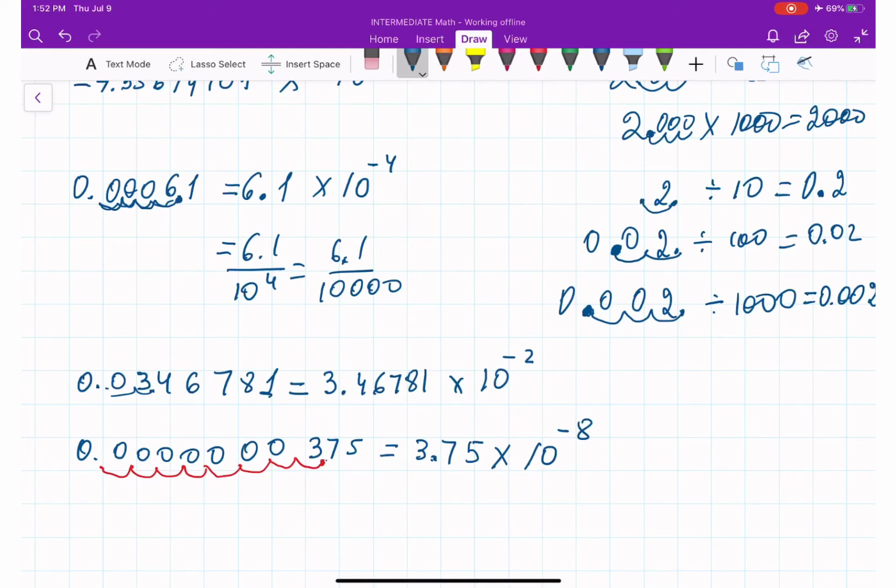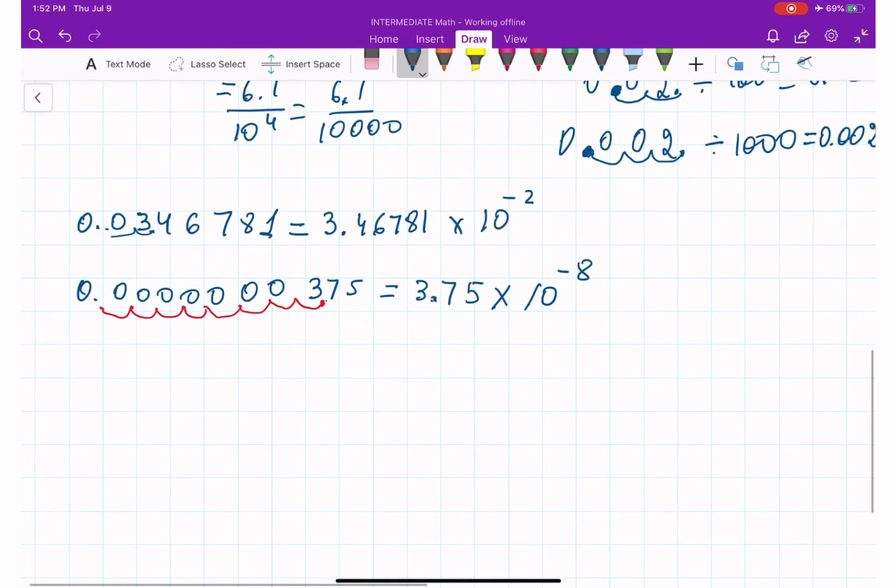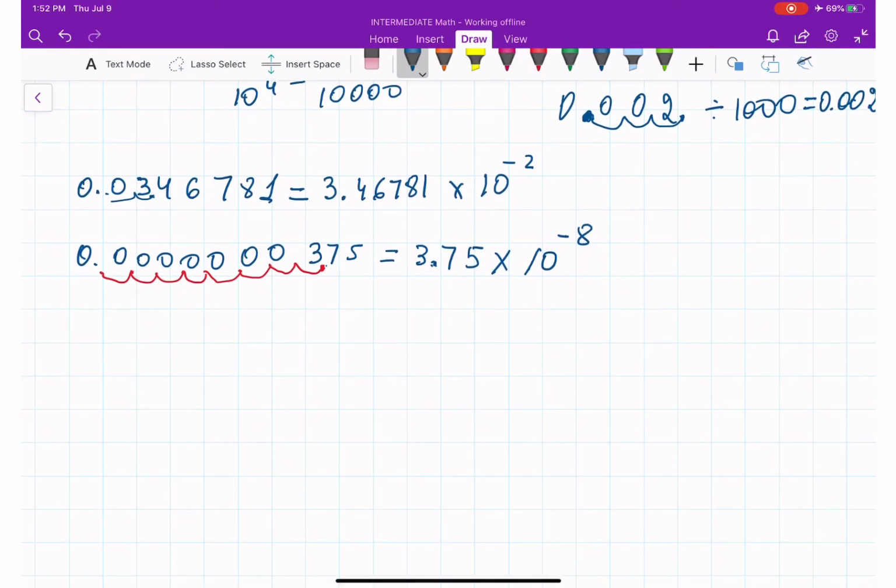Let me go vice versa now. We have a number, for example, 4.38 multiplied by 10 to power 7. So we take from 4, 1 and 2, we get here 438.